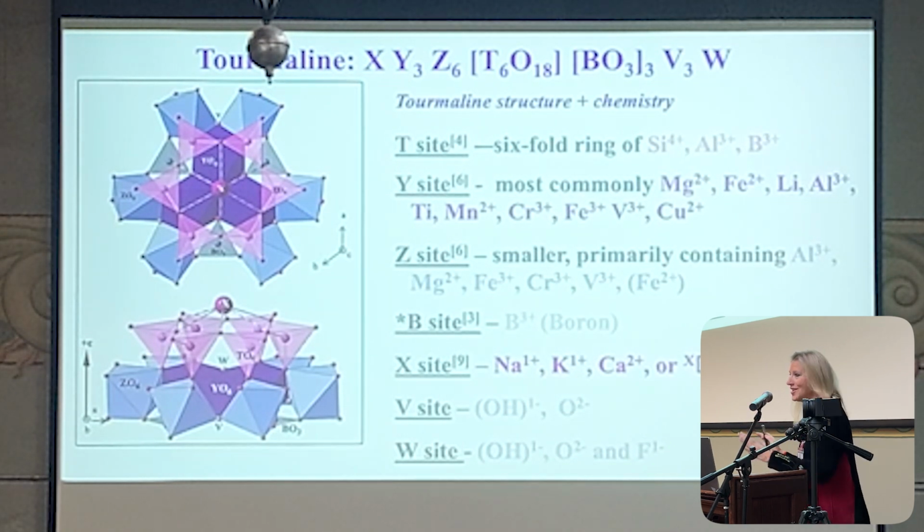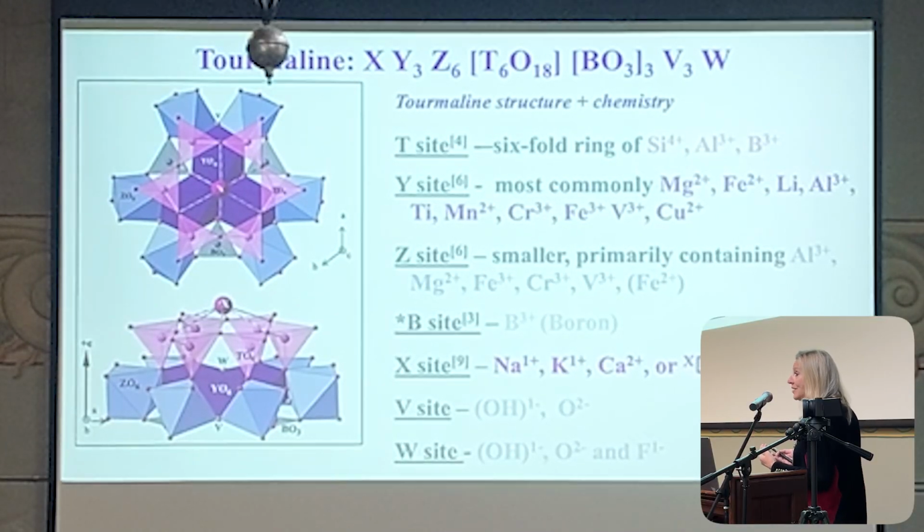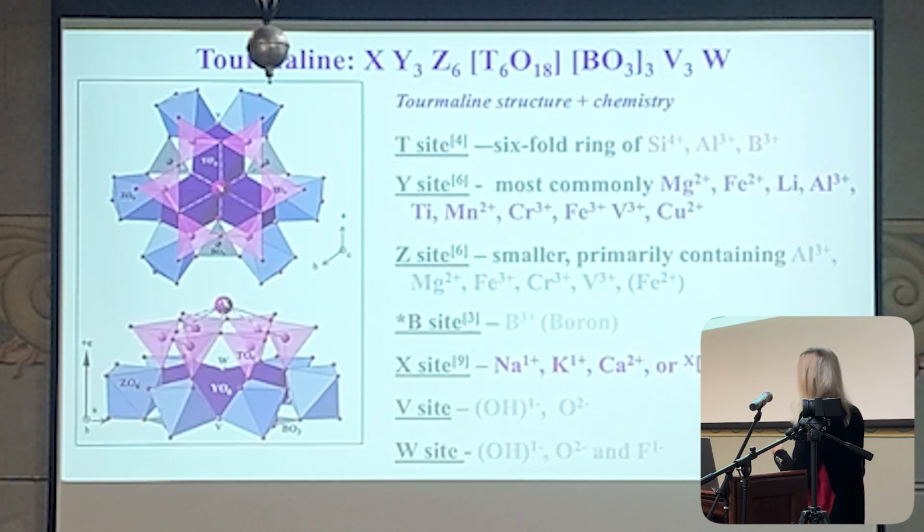But don't worry, there's only one slide like this, and I just want to give you three takeaways from this slide. The attributes that allow tourmaline to be such an exemplary recorder of its geologic environment are its structure, with two fragments shown here, and its chemical composition.